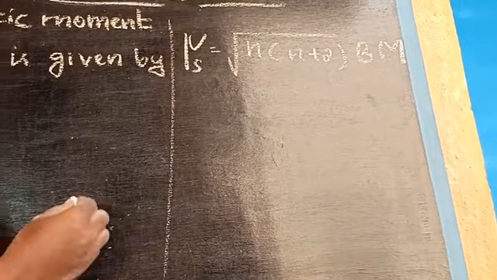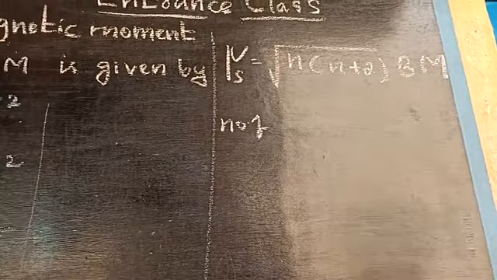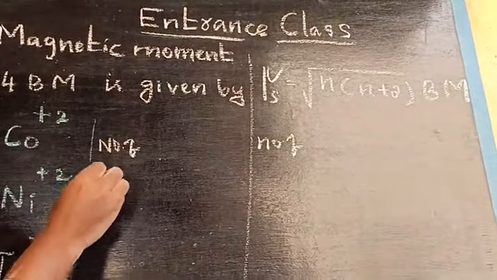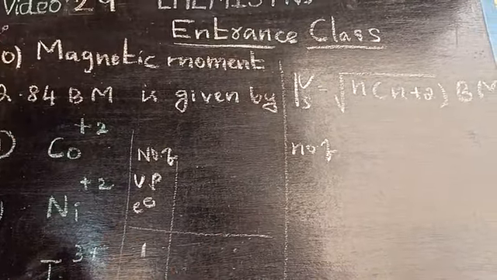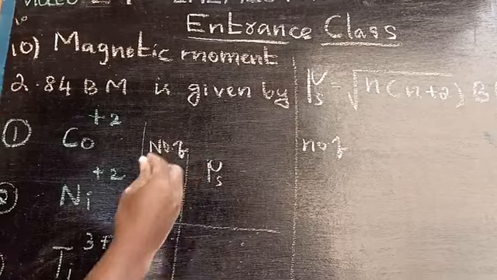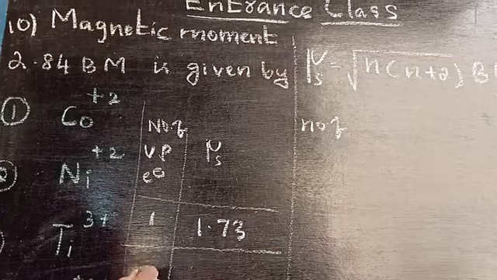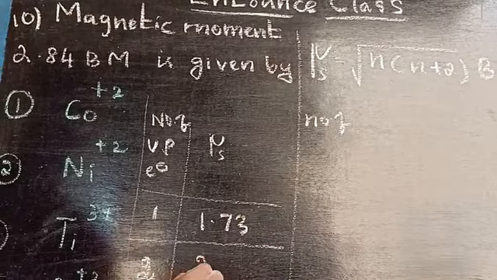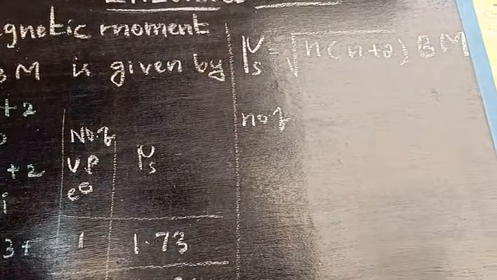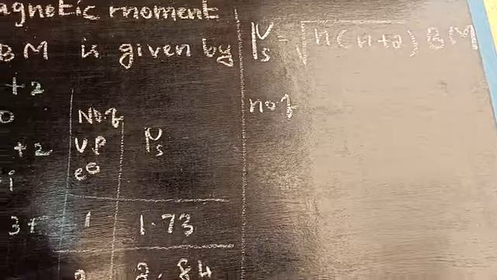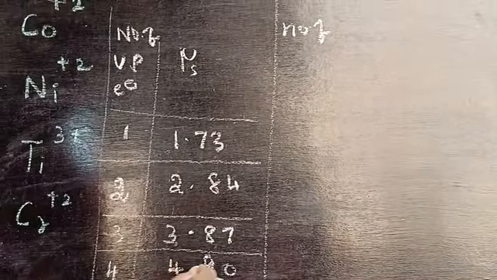Next, the number of unpaired electrons. For 1 unpaired electron, the Bohr magneton value is 1.73. For 2 unpaired electrons, it is 2.84. For 3 unpaired electrons, 3.87. For 4, 4.90.